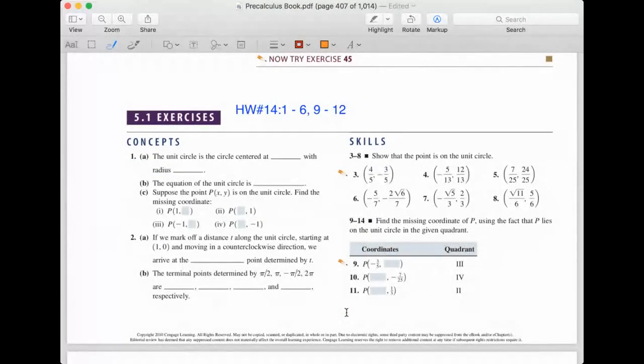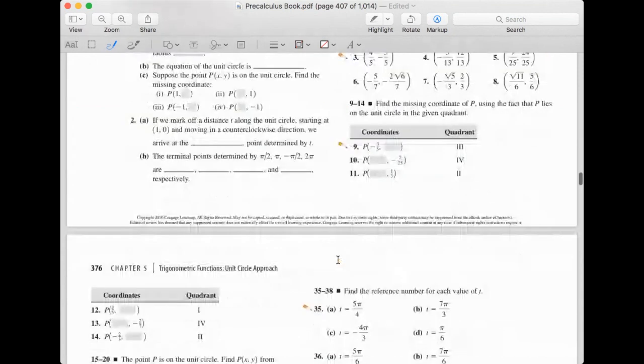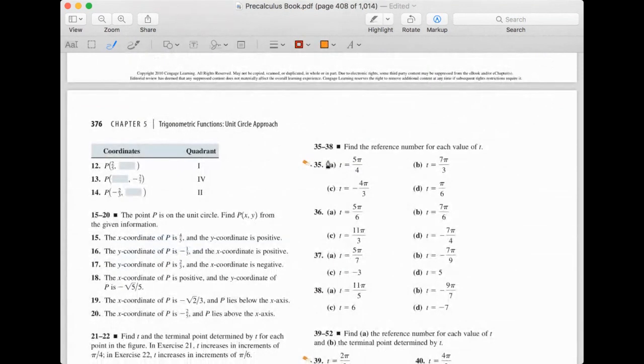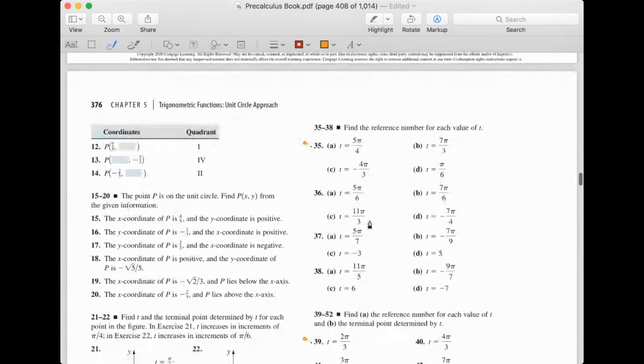Okay, so I gave you some homework last time, and I'm going to give you more homework. That's homework 14, so this is homework 15. Let's try to find some reference angles. Let's do 35 up to 38.